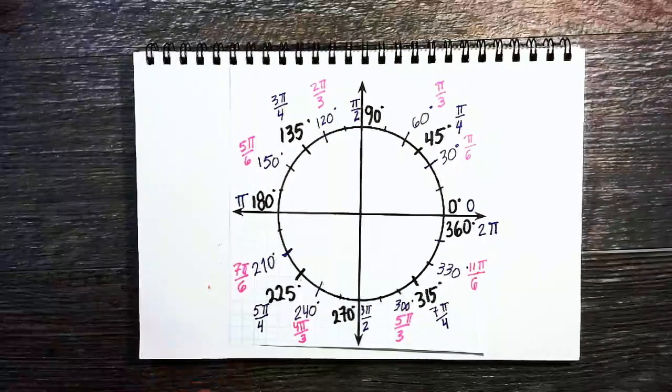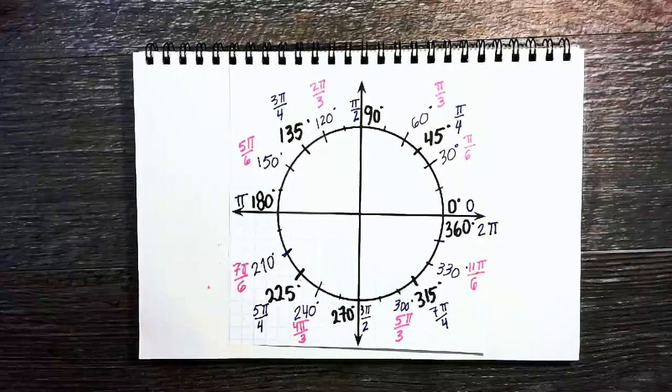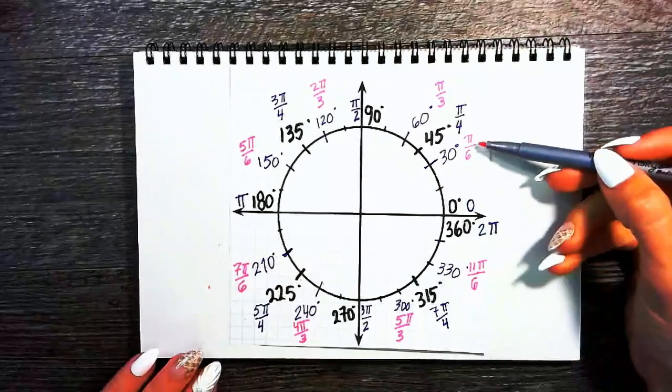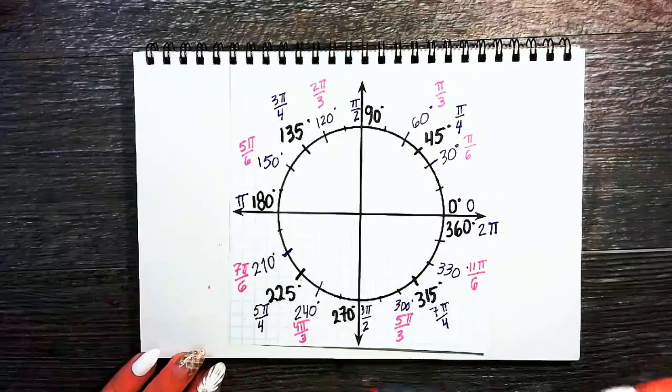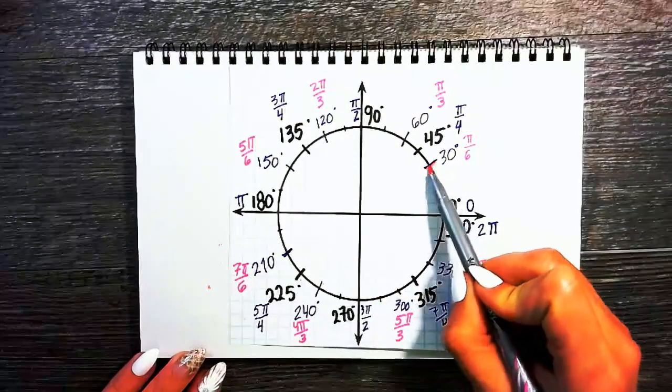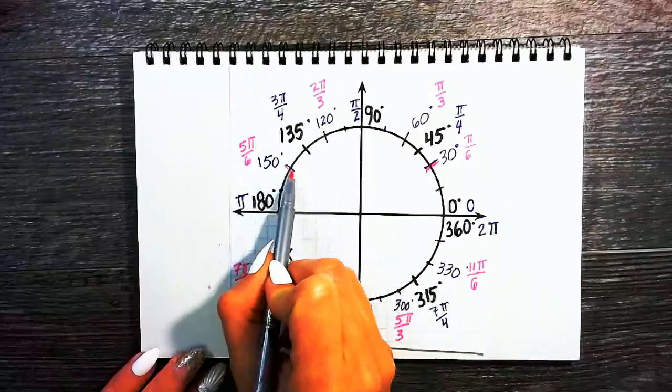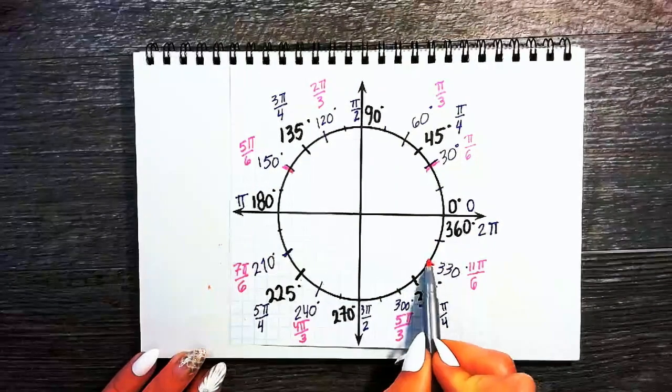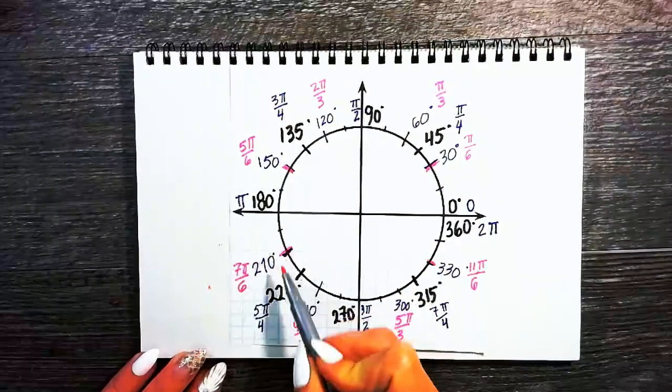If I wanted to know, well, where is 23 pi over 6? Well, if it has a 6 in the denominator, 23 pi over 6, and it doesn't reduce, something I know is it's going to land at the tick marks that are closest to the x-axis. I'm about to give you some golden advice right now.